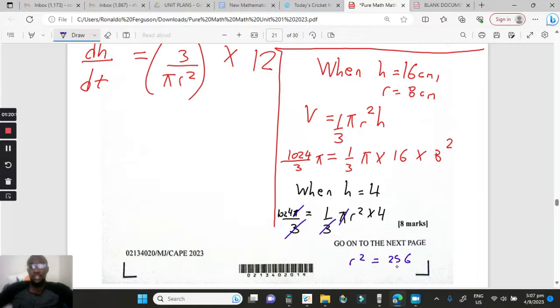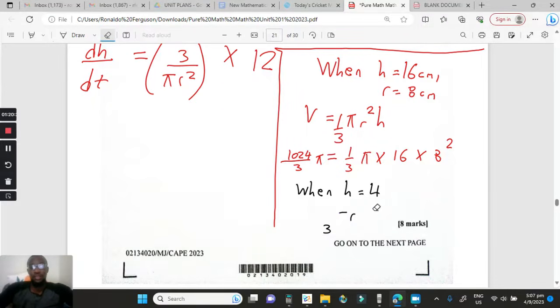So now we need to work out the radius here. This is going to give us the radius being 16, but we know that is off. Let me take off this here, because look what happened: the volume is not going to remain the same.